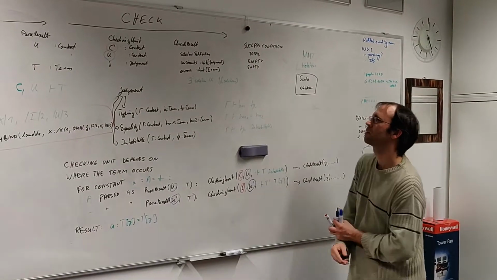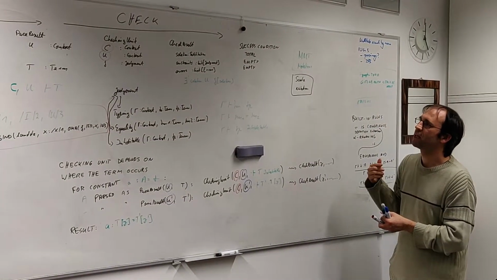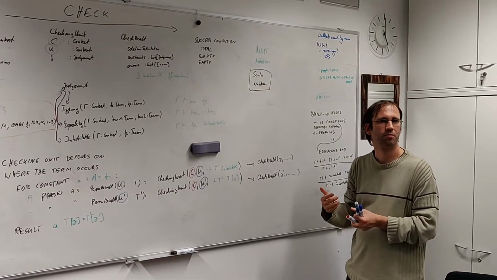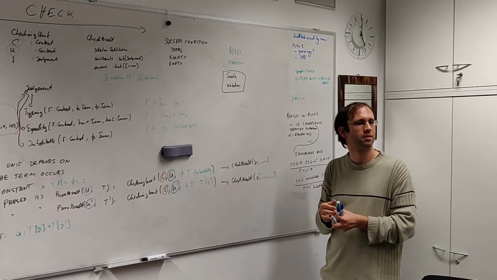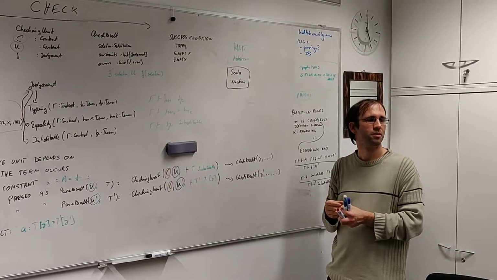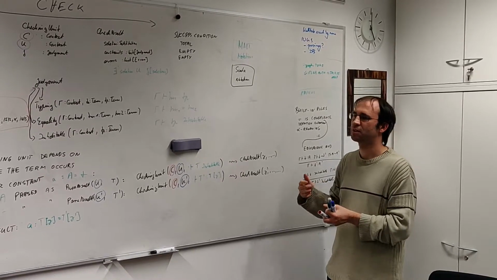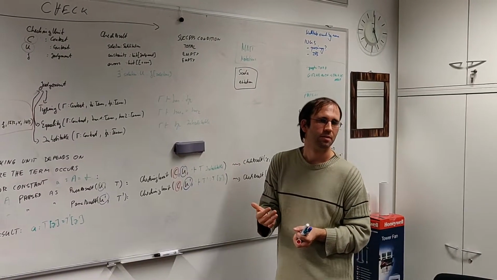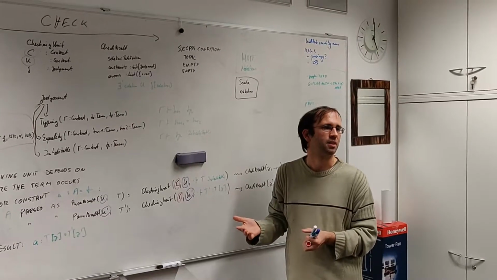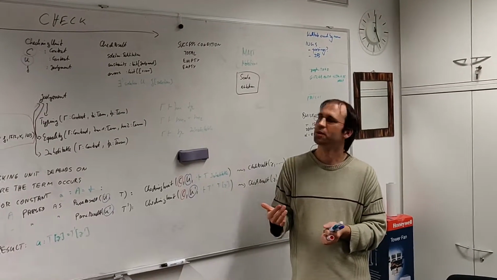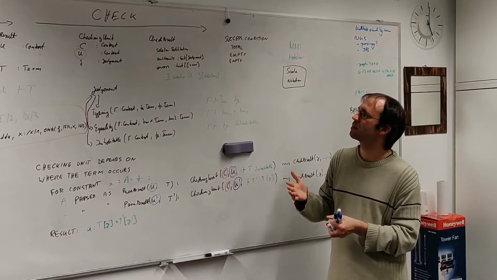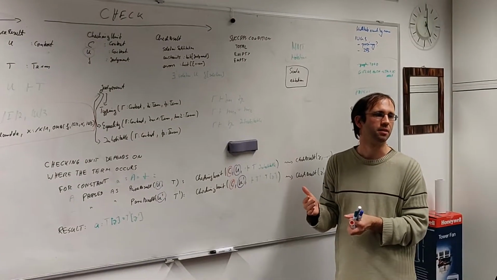And now a problem can occur. You might not know which rule you can apply because you have an unknown sitting at the top of your term. If you're supposed to check a term against an unknown type, there's no way you can proceed at that point. So you may have to say, this constraint I can't handle now, I delay it.